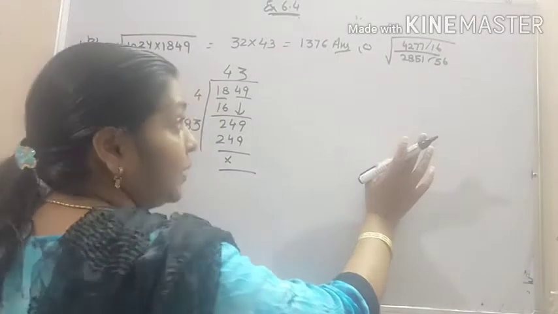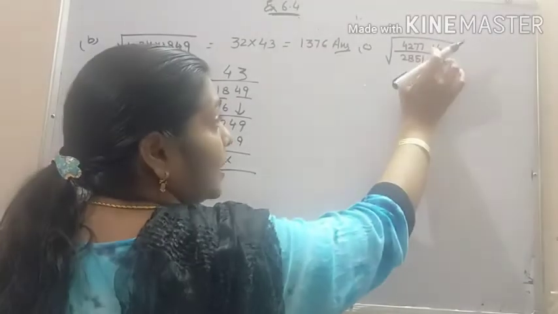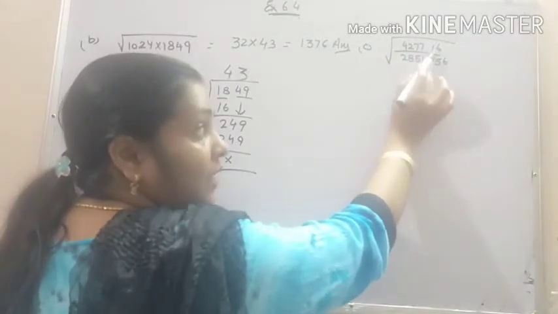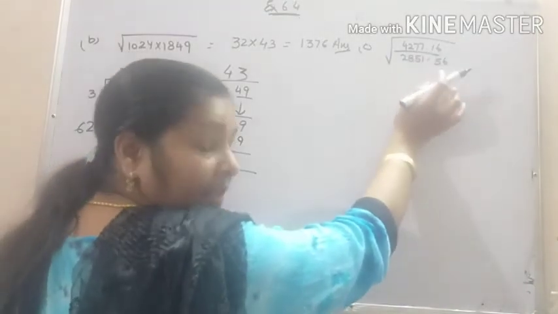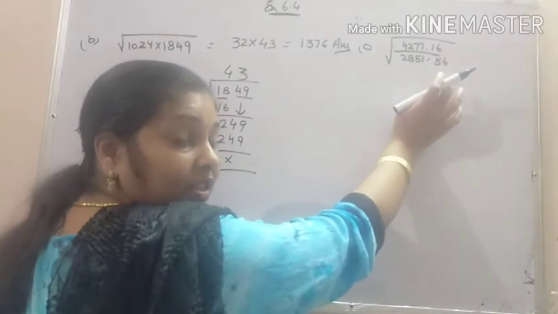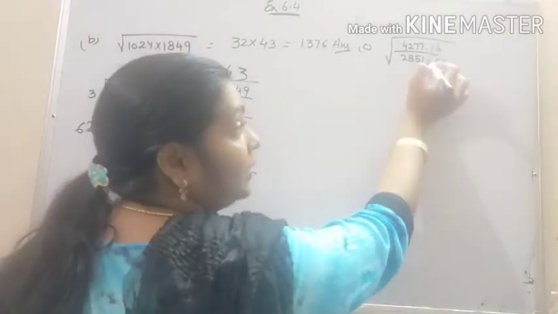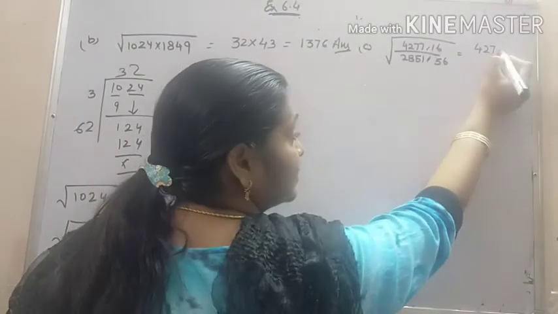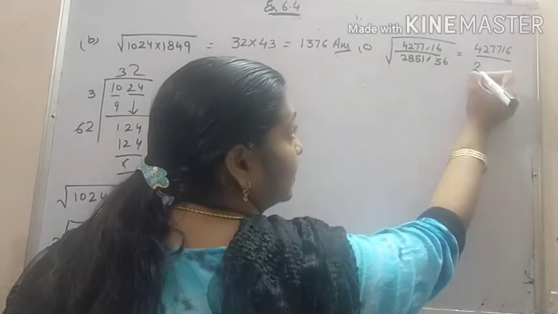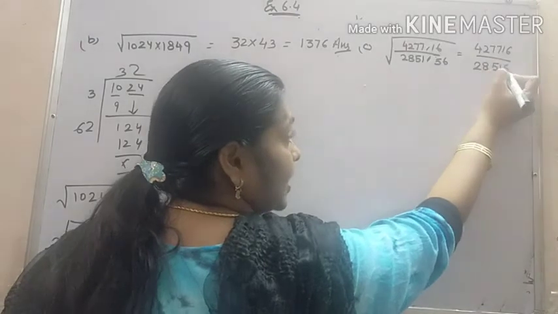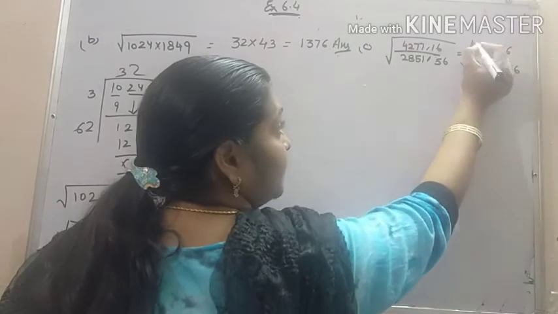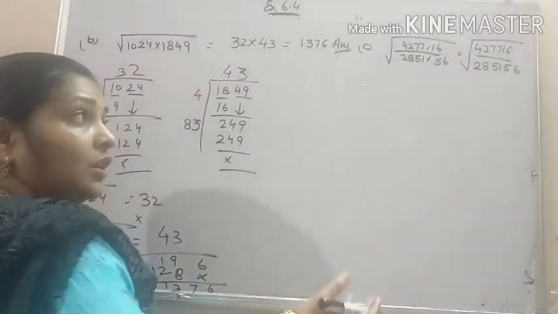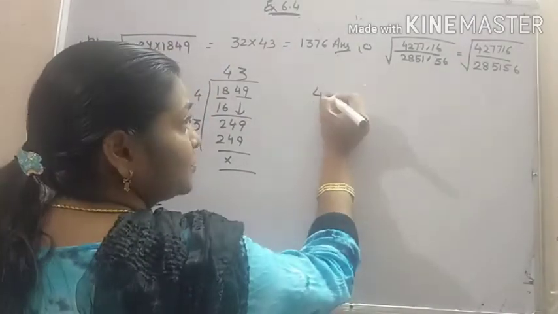Once again I am repeating, if the number of terms after the decimal are the same in numerator as well as denominator, then the decimal gets cancelled. So you can write these terms like this, that is, without decimal. Now what is the next step? Find the root of these two numbers.